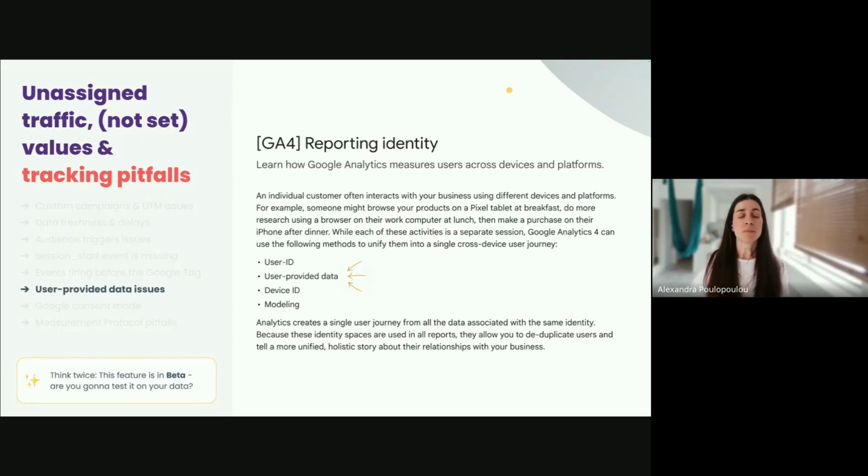It concerns email, phone, address, actually personal information of our customers that they use to log in to their Google account and navigate from Chrome to our websites and to the internet. So what we see here is that if user ID is not available, then second in priority is user-provided data for GA4 to identify the user. This might come with benefits regarding cross-device tracking, but apparently it creates a big amount of traffic in the not set.